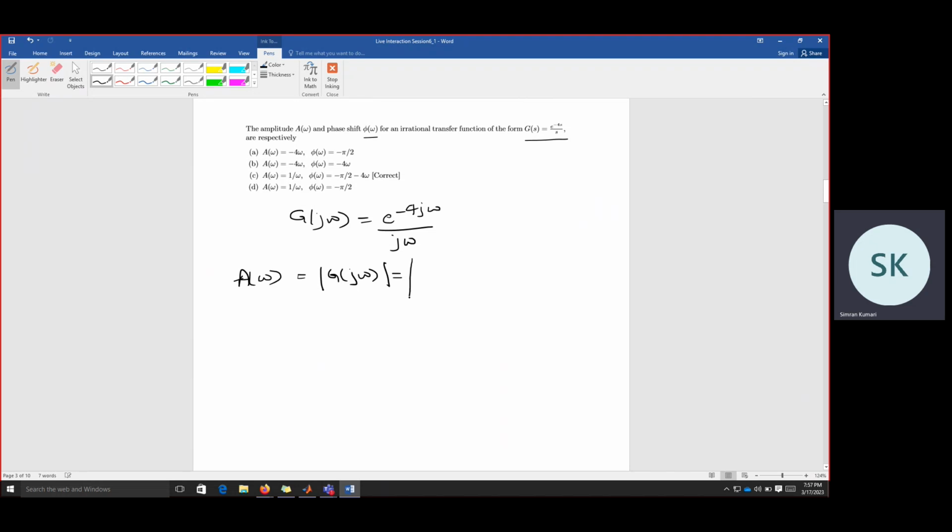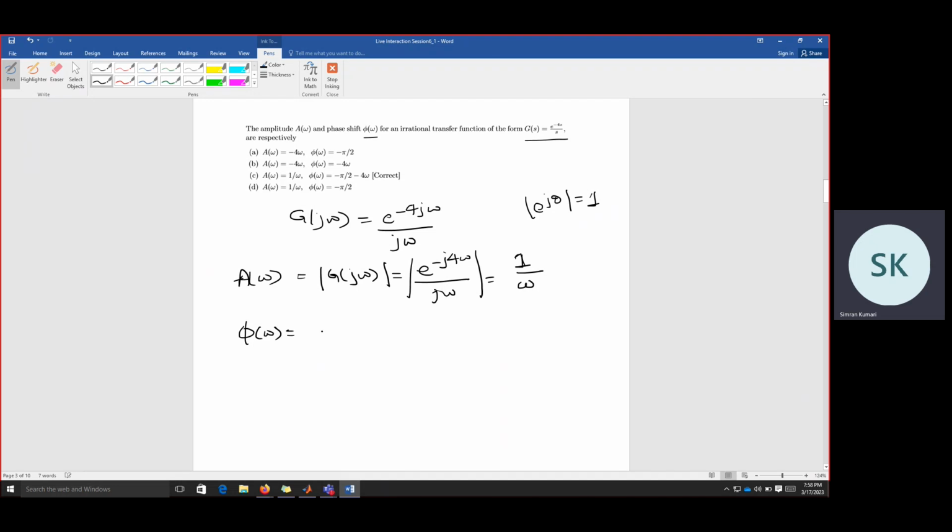So we have e to the power minus j4 omega by j omega. What is the magnitude of e to the power j theta? Magnitude will be 1. So this is 1 and the denominator will be omega. So this is the amplitude. Let us find the phase shift due to this transfer function.